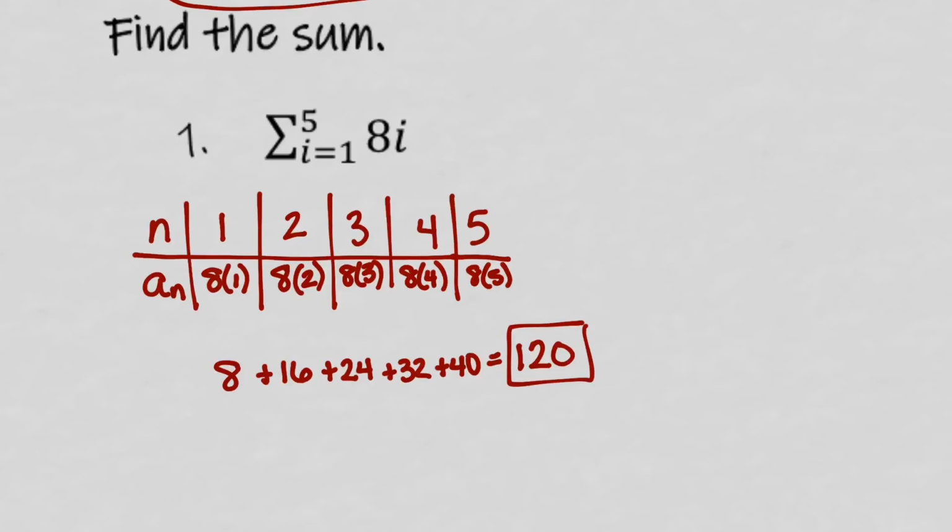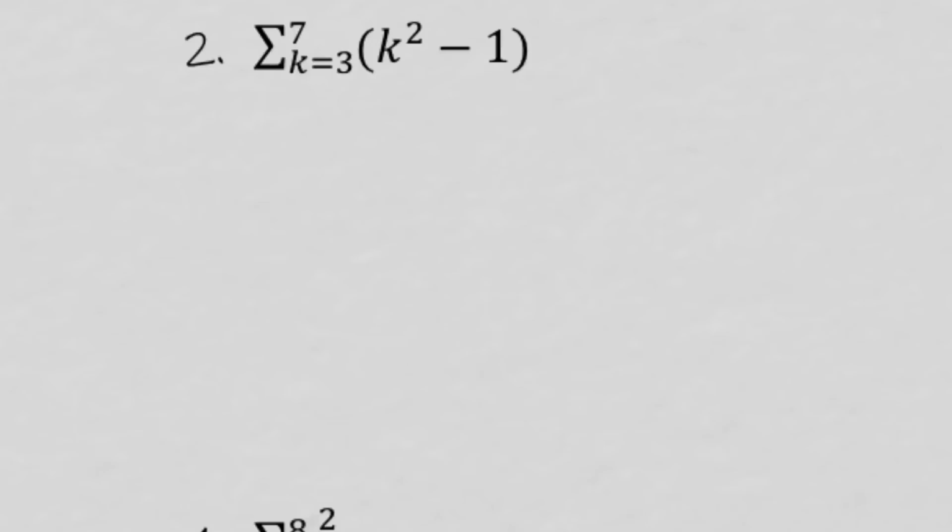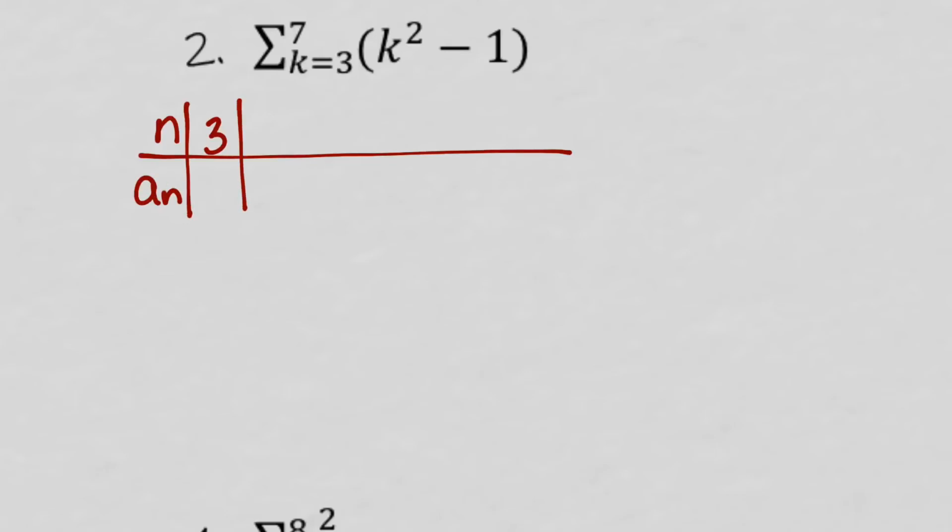All right, let's move over to number 2 here, under finding the sum. If you notice, the bottom of this sigma notation is not 1, it is 3. So when I'm writing my terms out, instead of starting at 1, I'm going to start at 3. And that top number is a 7, so I'm going to count until I get to 7.